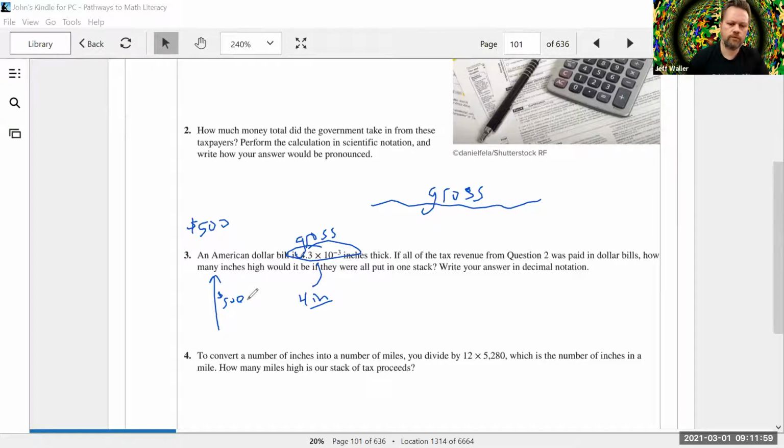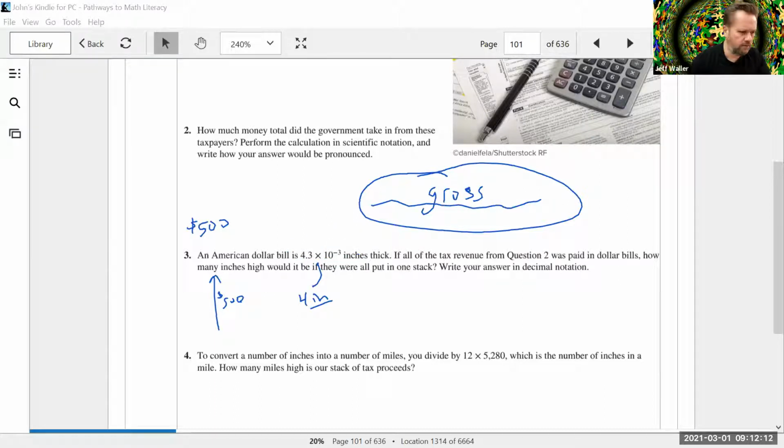Yeah, you would multiply, right? So take your gross number you got from number 2 for the money, and you take the gross inches they give you right here, and you multiply.